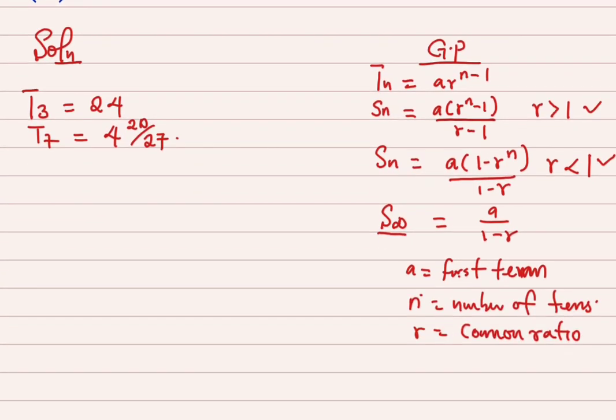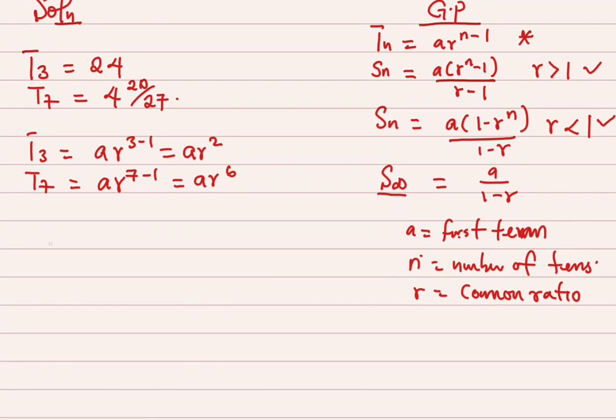Since we have the nth term, T3 is ar^(3-1), which is ar². T7 is ar^(7-1), which is ar⁶. So ar² is 24, and ar⁶ is 4 20/27, which you can change to an improper fraction, 128/27.